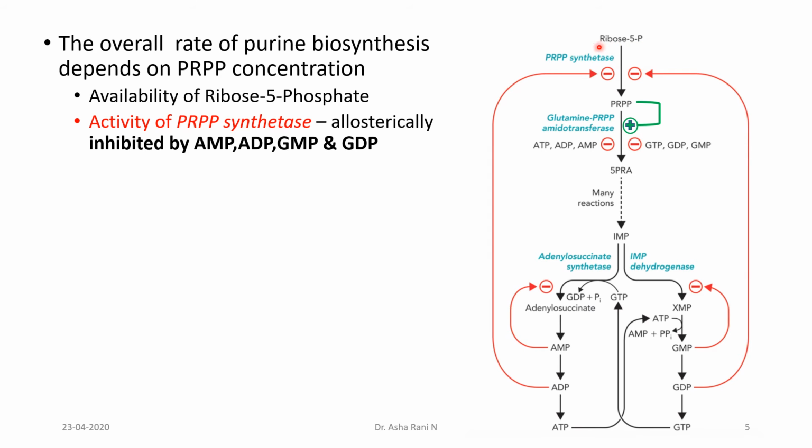If there is more ribose 5-phosphate, then there is more synthesis of PRPP. Apart from this, the PRPP concentration also depends upon the activity of the enzyme PRPP synthetase. So this PRPP synthetase activity is allosterically inhibited by AMP, ADP, GMP and GDP.